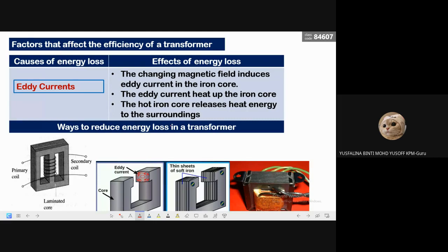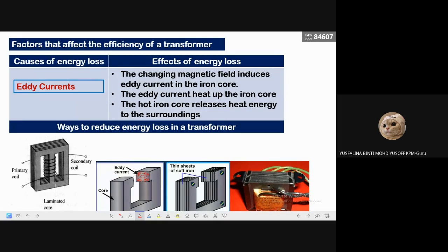Then eddy currents, the effect of energy loss. If we use only one layer inside the soft iron core, then the current flows, twisting the currents.